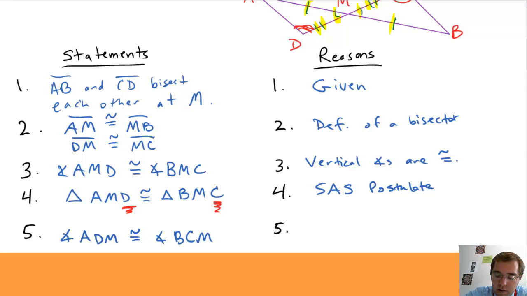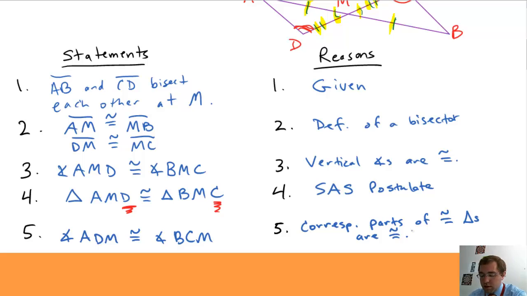Now this reason is a reason we're going to use a lot in this section, in this chapter, and for the whole year. Anytime we start with congruent triangles and we say that pieces of those triangles are congruent to each other, the reason we use is written like this: corresponding, which I'll abbreviate like that, parts of congruent triangles are congruent.